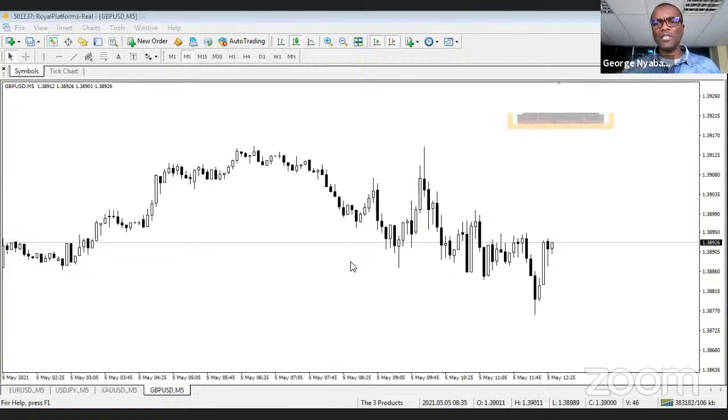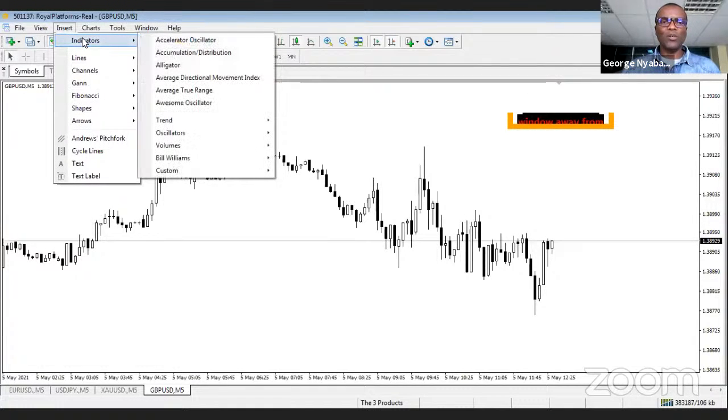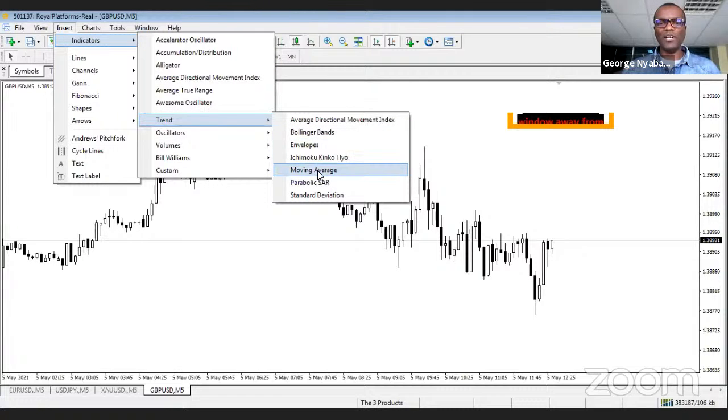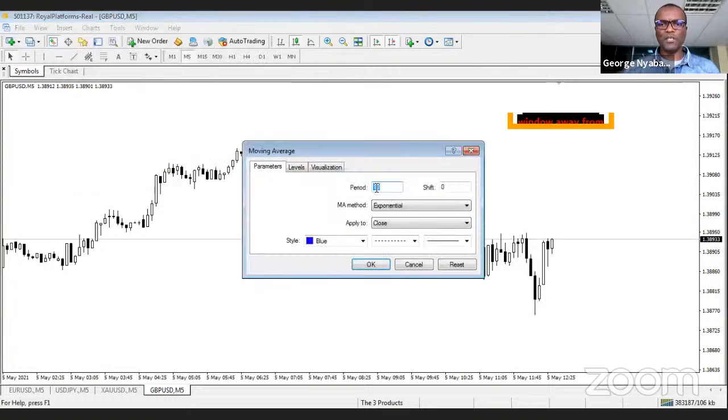So one of the first things I'll do, okay, there I've opened the pound to the dollar. You need to just make sure you've put on the only indicator that I put on my charts, the moving average. Okay, so there's the process indicator, trend moving average. And I will put on the 10 moving average, which when I spoke about it last time, helps me to take trades when the market is fast moving.